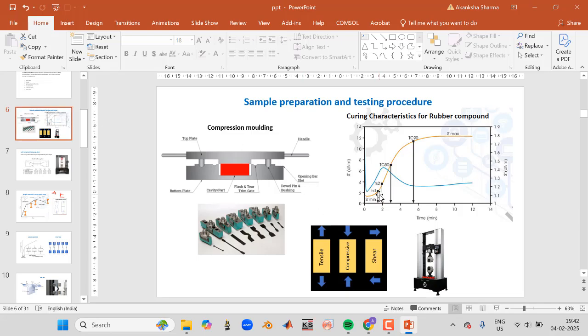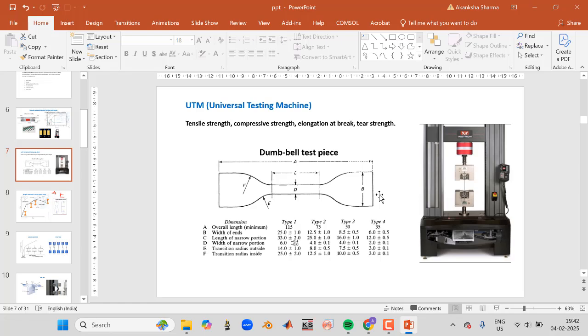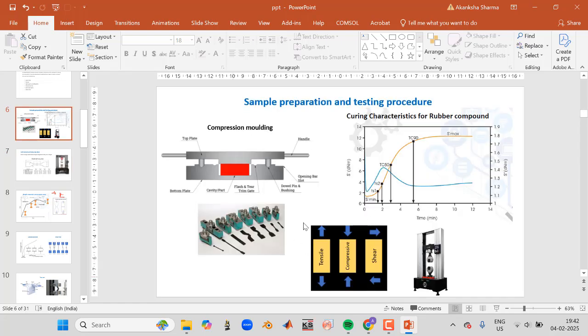For example, the universal testing machine is basically used for metal testing only. So we make specimens like this. These can be formed using steel or any other metal, or for polymer also we can try, and ceramics also.